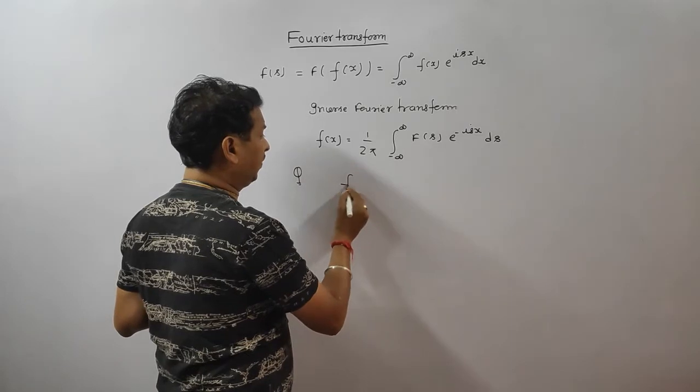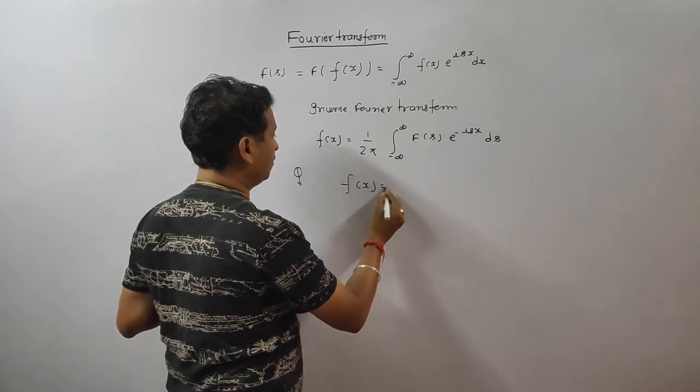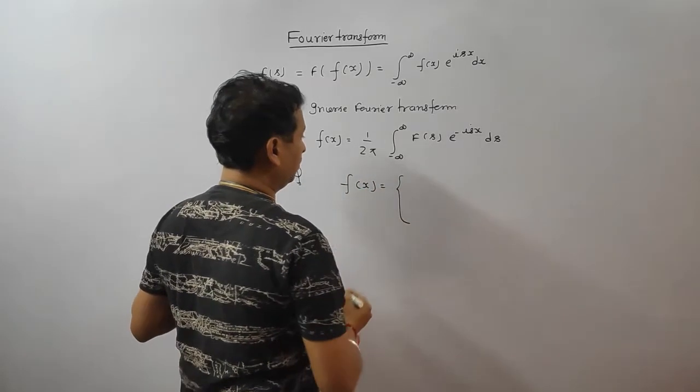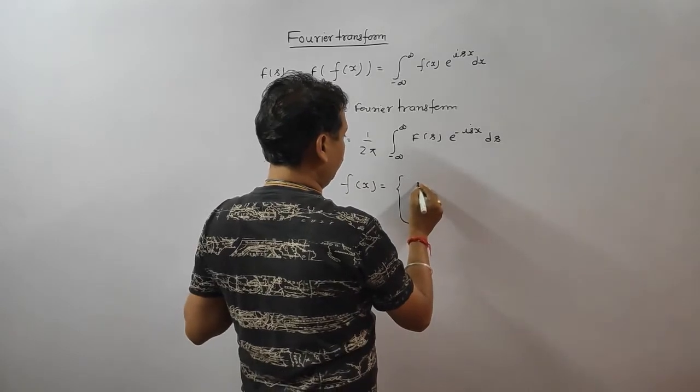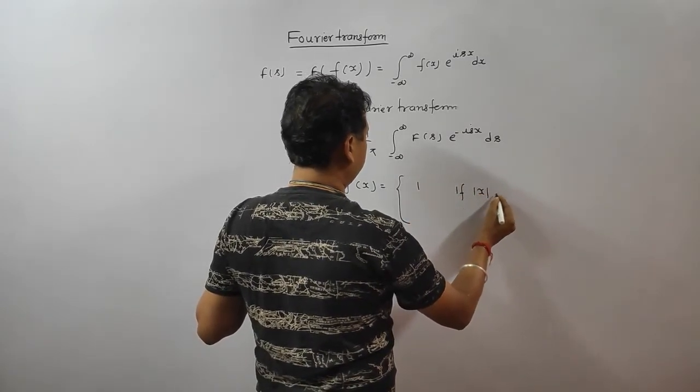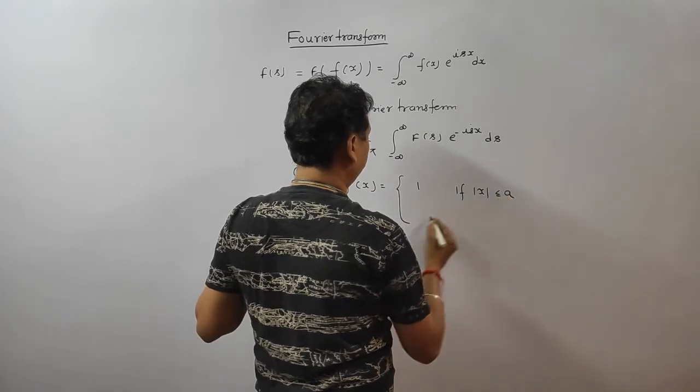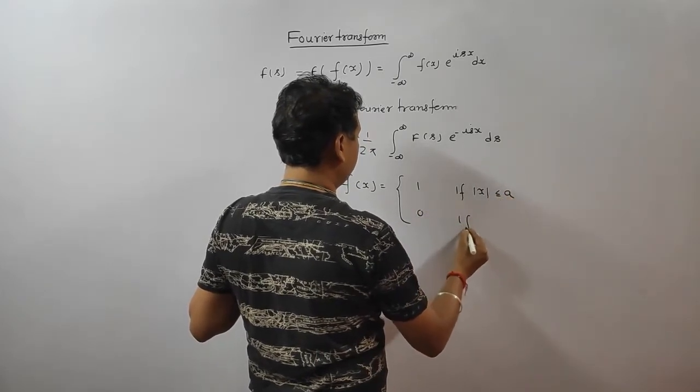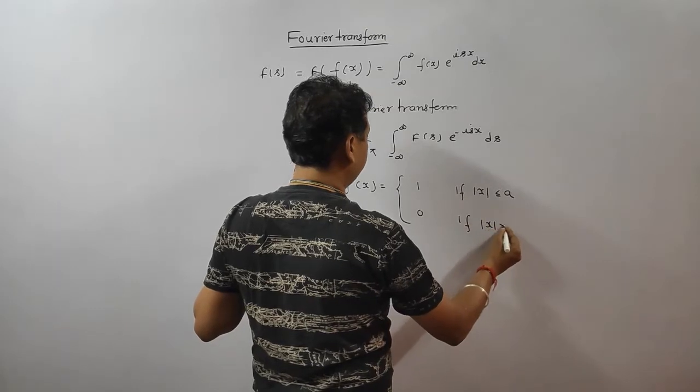Suppose f(x) is given as 1 if mod x is less than or equal to a, and 0 if mod x is greater than a.